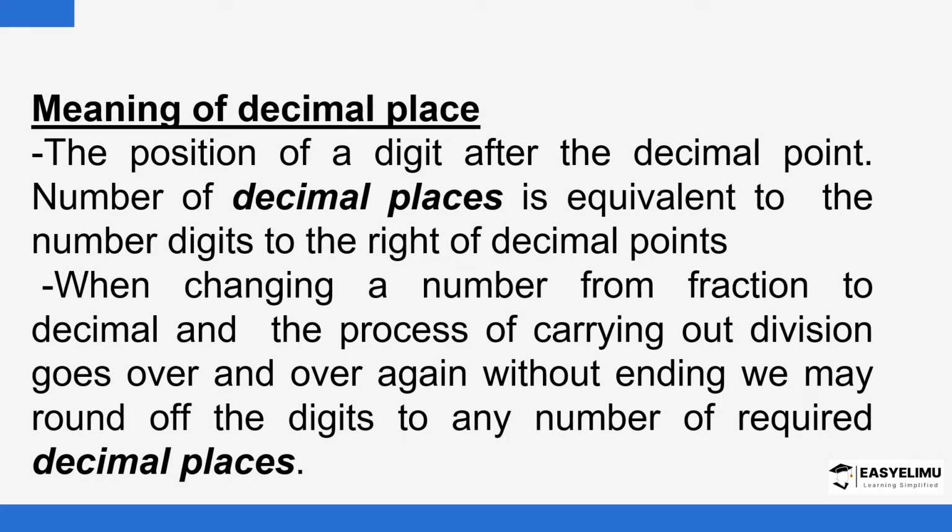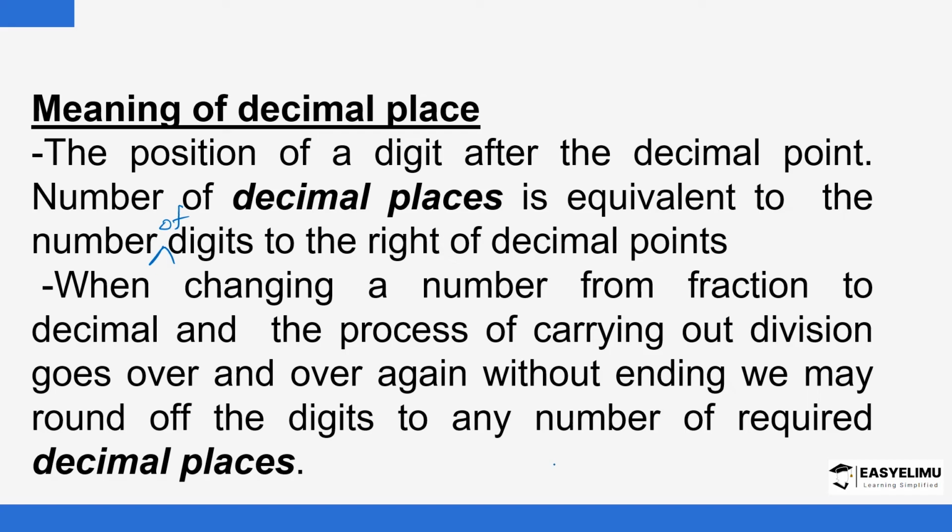When you talk about decimal place, it simply means the position of a digit, and these digits are the digits that appear after a decimal point in a given decimal number. So the number of decimal places is equivalent to the number of digits to the right of the decimal point.